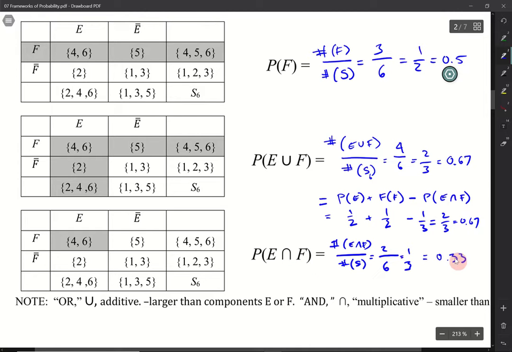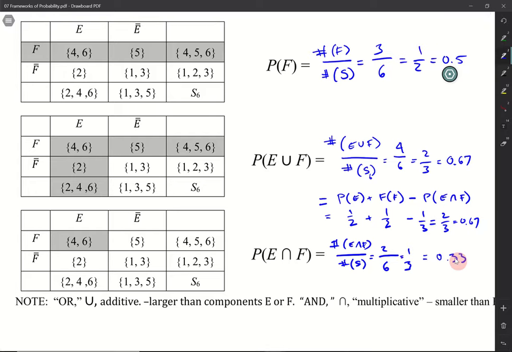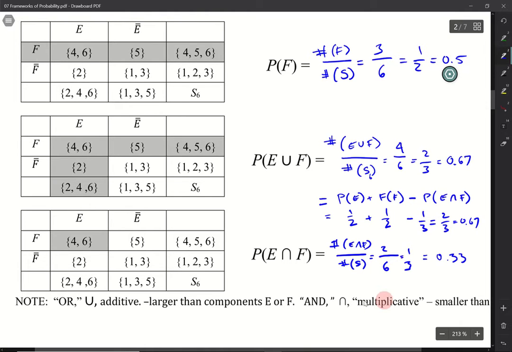And so now the intersection is smaller, because it's the part where they overlap. Okay, so it's smaller.